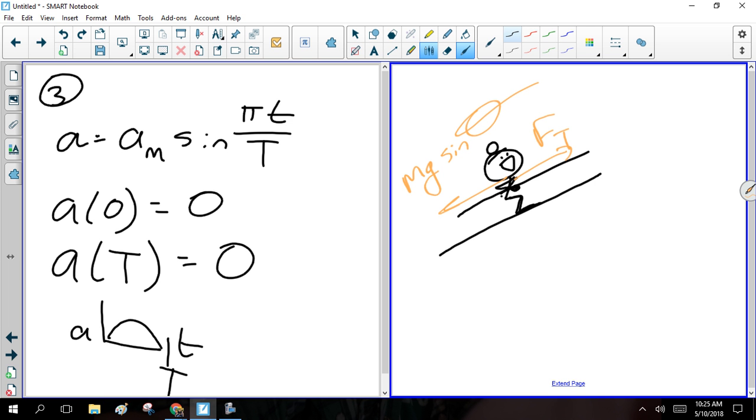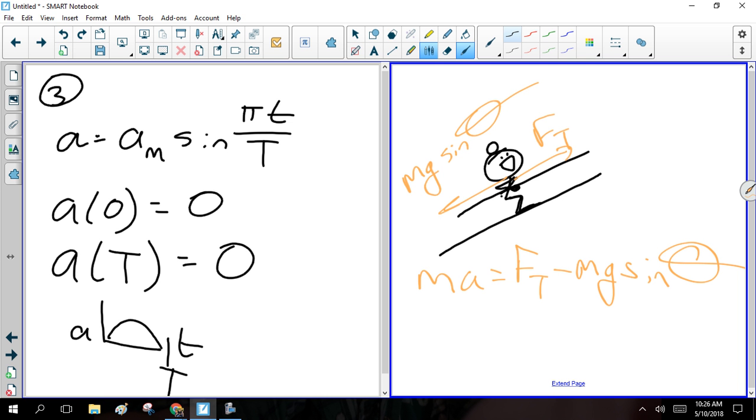Right? So it should be true that ma equals tension minus mg sine theta. Follow?